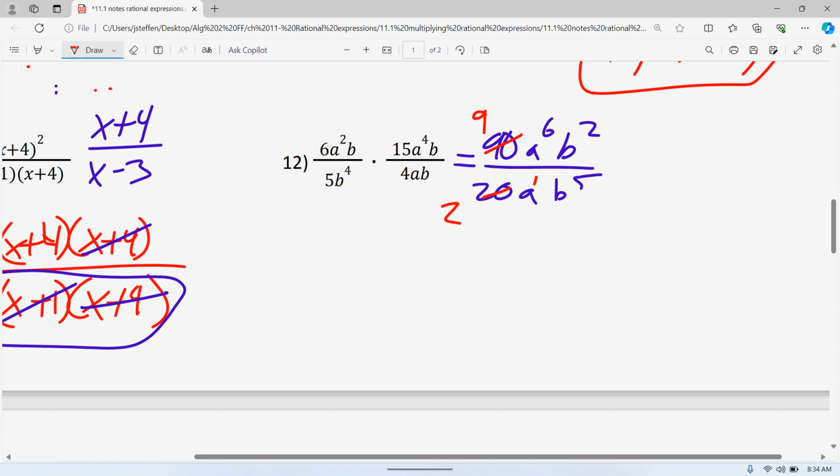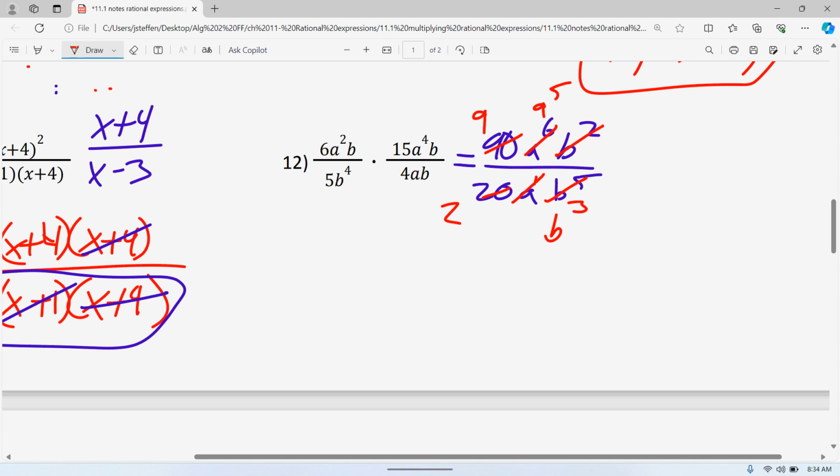And I put it up where the bigger exponent was. So we end up with a to the 5th. However, the next one, 2 minus 5 is 3, or negative 3. But I just make it positive 3 in whichever the bigger one was. So the bigger exponent was in the denominator, so my b to the 3rd goes in the denominator.